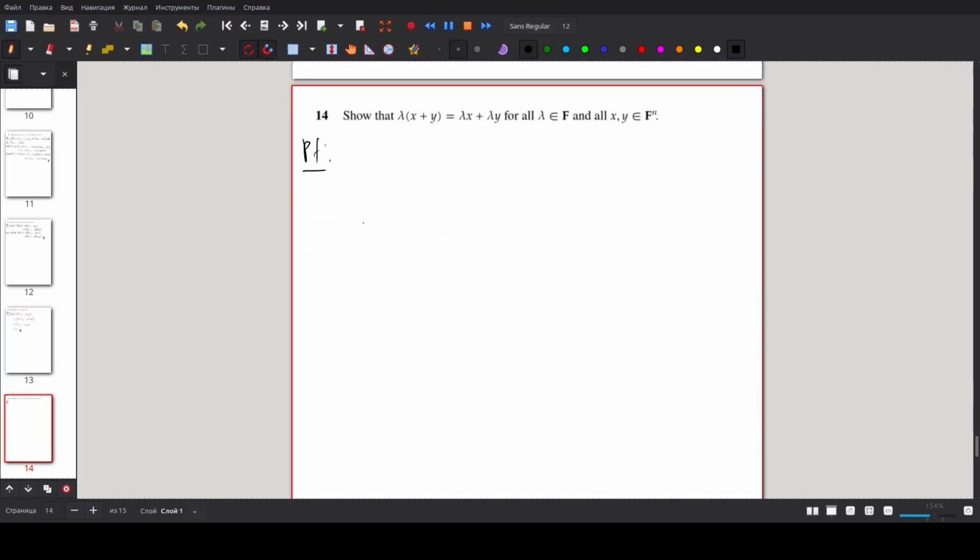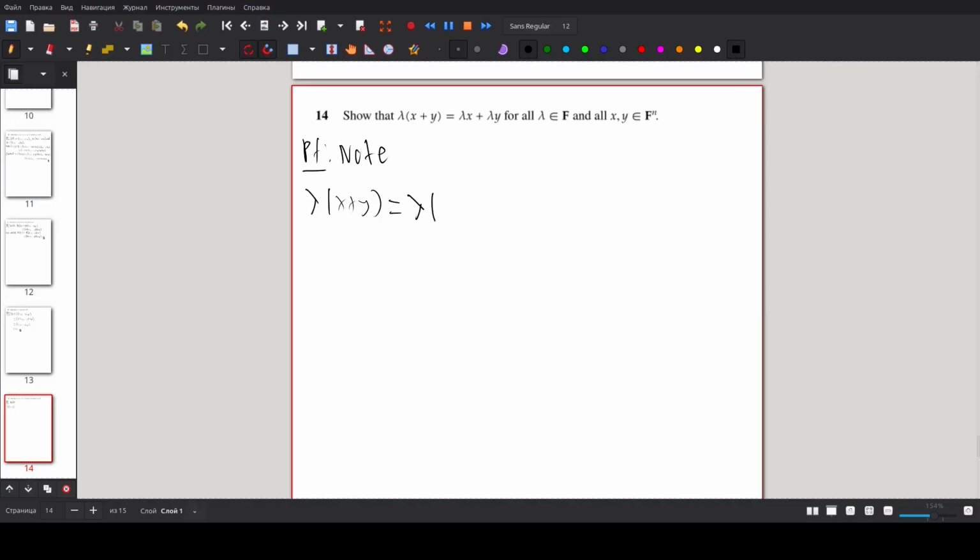Next. All right, this one is also not too bad. So note that lambda (x plus y). I'm kind of skipping some steps, but this is going to be (x1 plus y1, ..., xn plus yn). So this is lambda times (x1 plus y1, ..., xn plus yn).